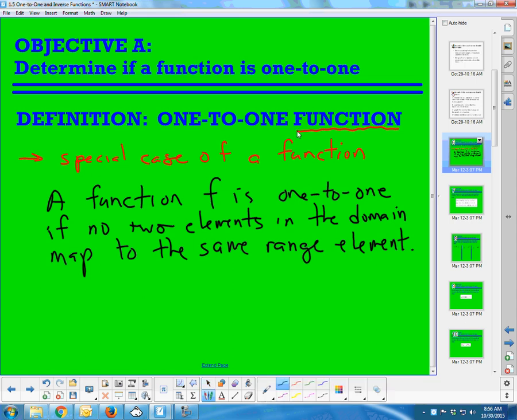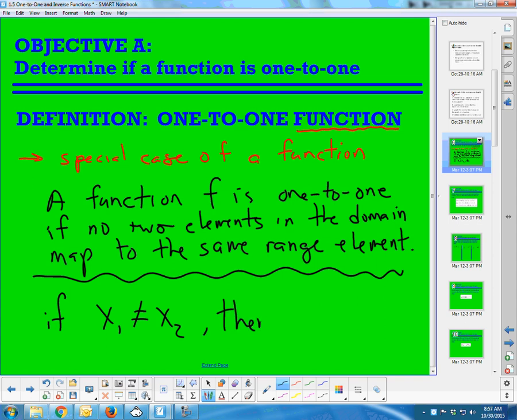An algebraic way of making this statement that we're going to use today would be to say, if my x's are different. So we'd write if x sub 1 is not equal to x sub 2, and that's the symbolic way of saying my x's are different. Then we could write y sub 1 is not equal to y sub 2.